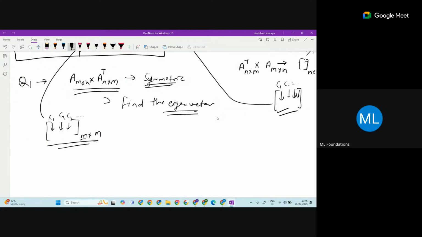If anyone has gone through the content, what do we do there? Eigenvalues of A transpose A. Whatever eigenvalues we get, sigma is going to be the matrix of this kind.